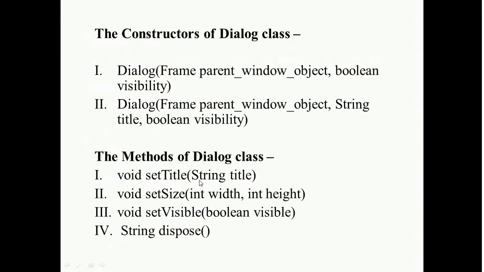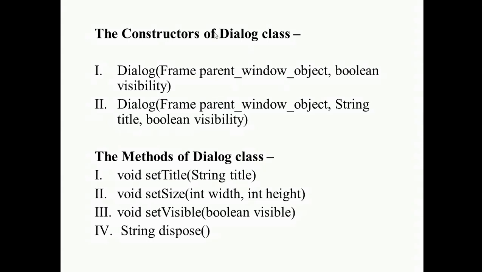Now next, see the constructors of the dialog box. There are two constructors. First, Dialog having two parameters. The first is the frame parent window object, which is nothing but the object of the frame, and the second parameter is boolean visibility, which is true or false.